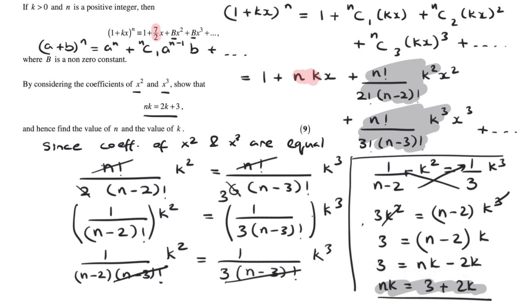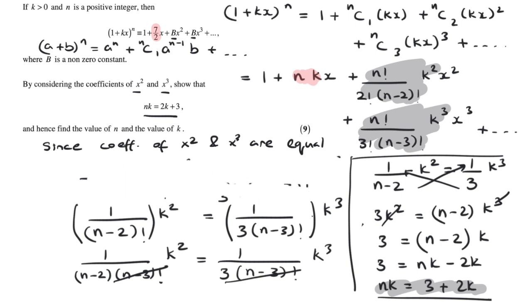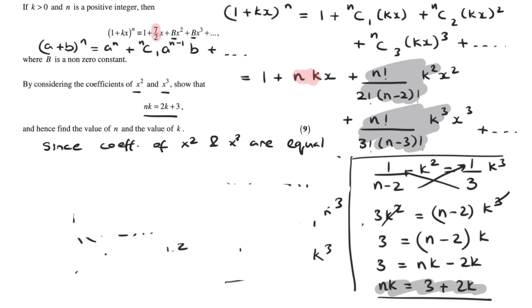So if I equate these together, the coefficients of x are equal, so nk equals 7 over 2.